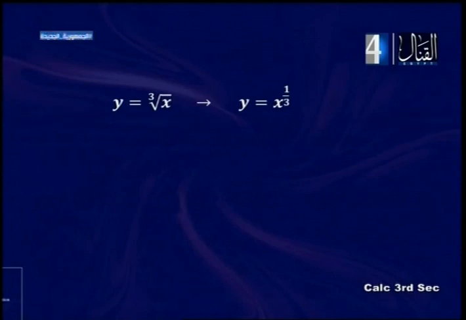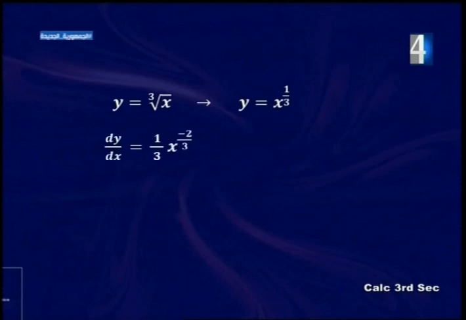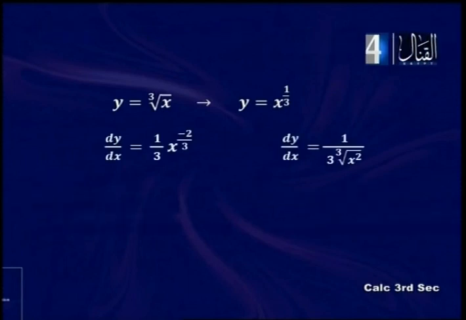We can write this function in this form to simplify it. Then dy dx equals one third multiplied by x to the power -2 over 3, or dy dx equals 1 over 3 multiplied by cubic root of x to the power 2.